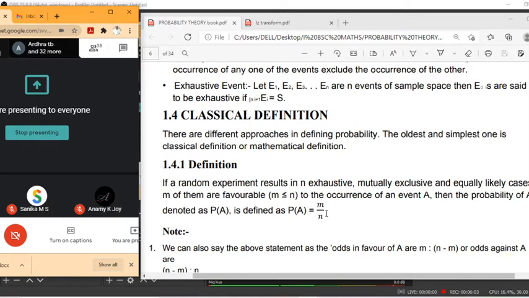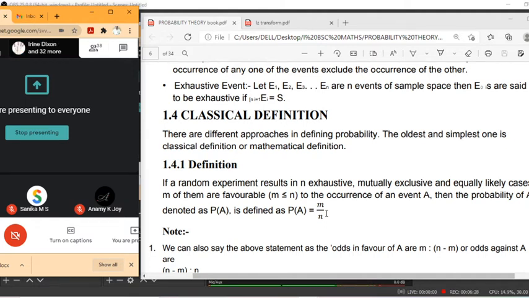Okay. So how many favorable cases are there? 3 favorable cases are there. What are the possible cases? 1, 2, 3, 4, 5, 6. So number of favorable cases divided by total number of cases. That is the first probability assignment or first chance assignment.